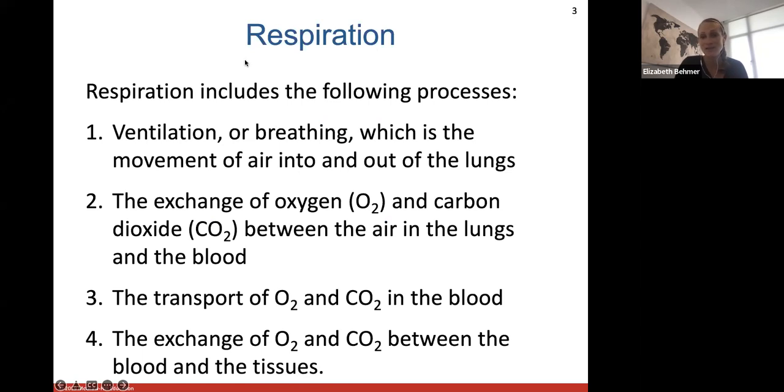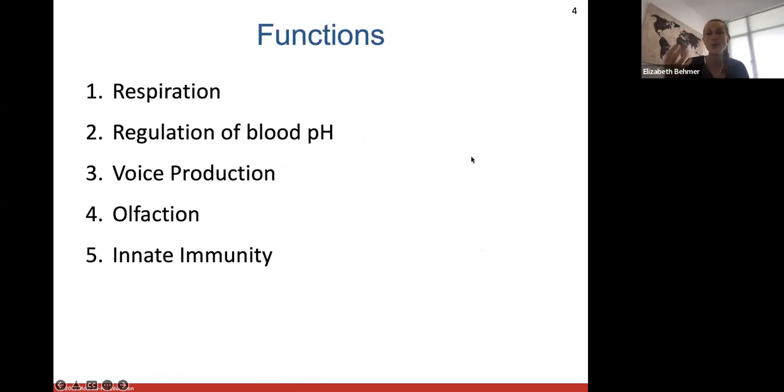So all of your body cells need oxygen to create energy, and carbon dioxide is always a waste product of that cellular respiration process. So carbon dioxide needs to be continually taken out of the body to get rid of it as waste.